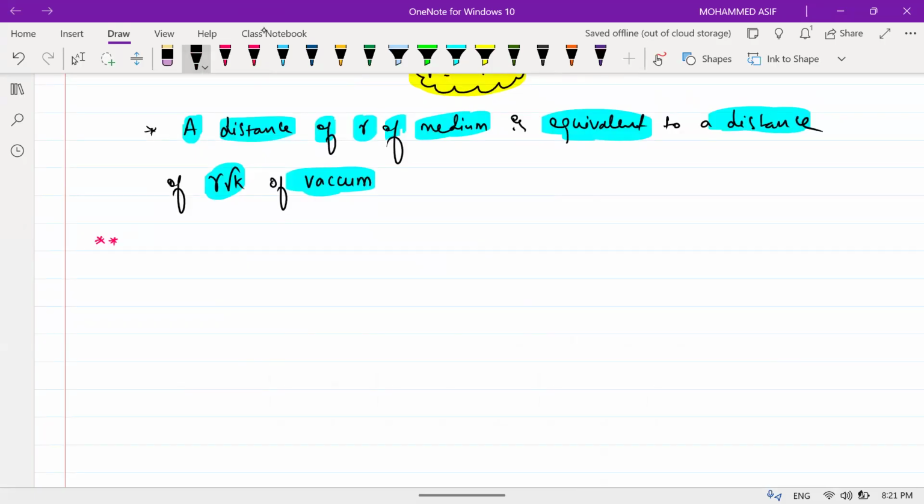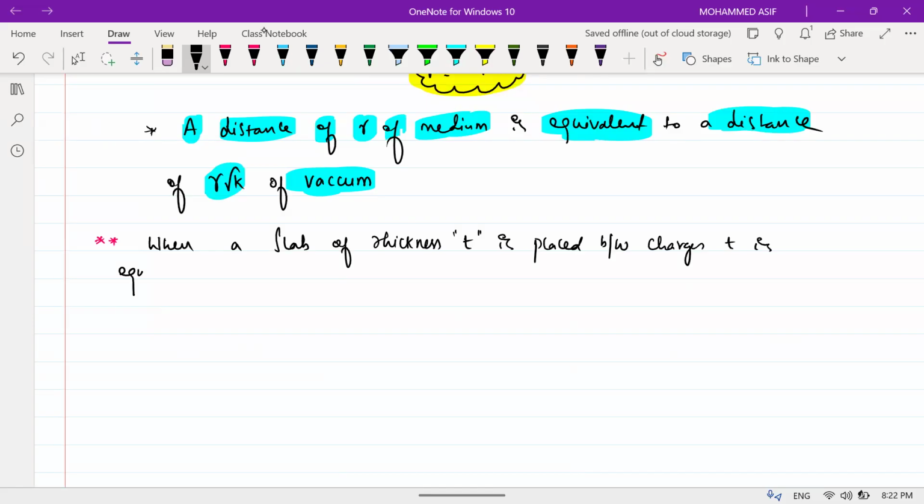See this one. When a slab of thickness T is placed between charges, T is equivalent to T into root K of your vacuum.